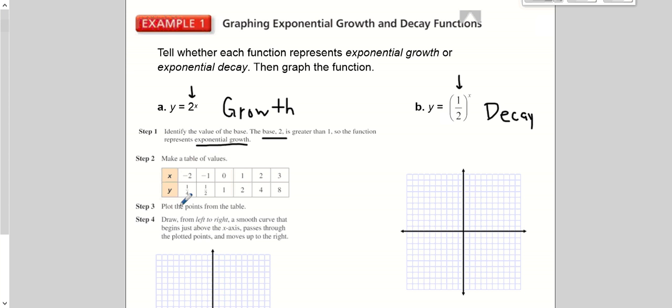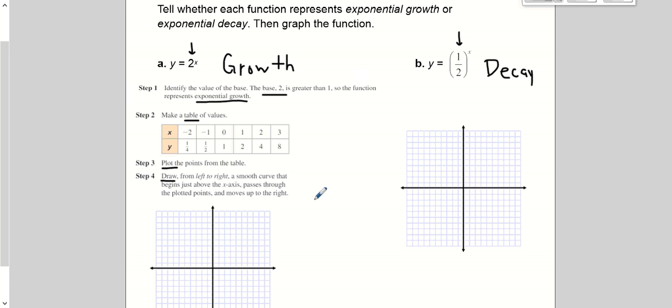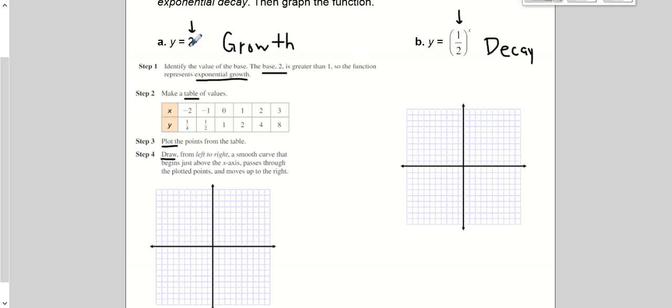Make a table of values. So make a table, plot your points, draw your curve from left to right. So our equation is 2 to the x. So 2 to the negative 2. Remember how to do negative exponents?